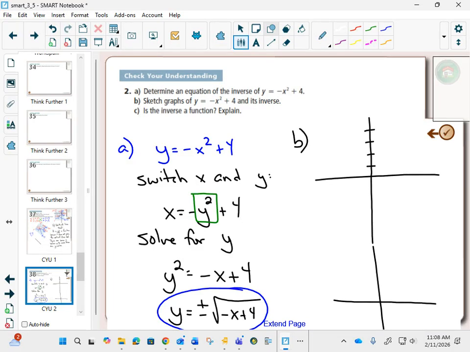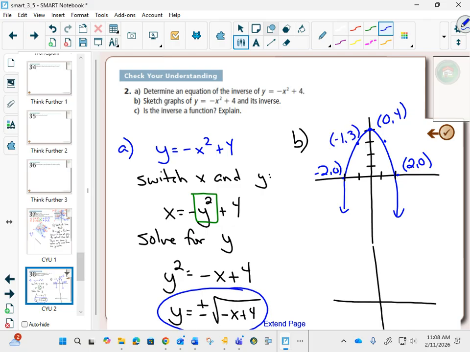So my graph would have the point 0, 4, 2, 0, negative 2, 0, negative 1, 3, and 1, 3.